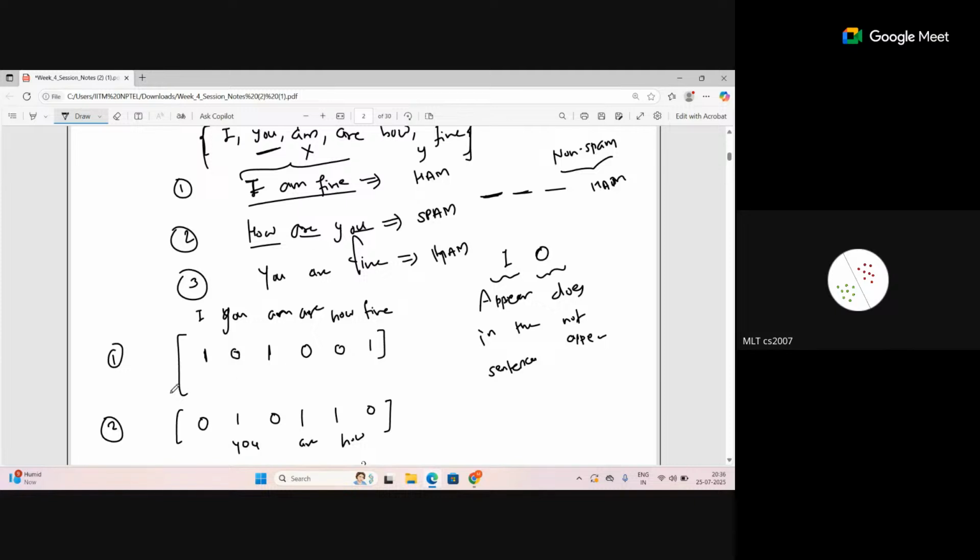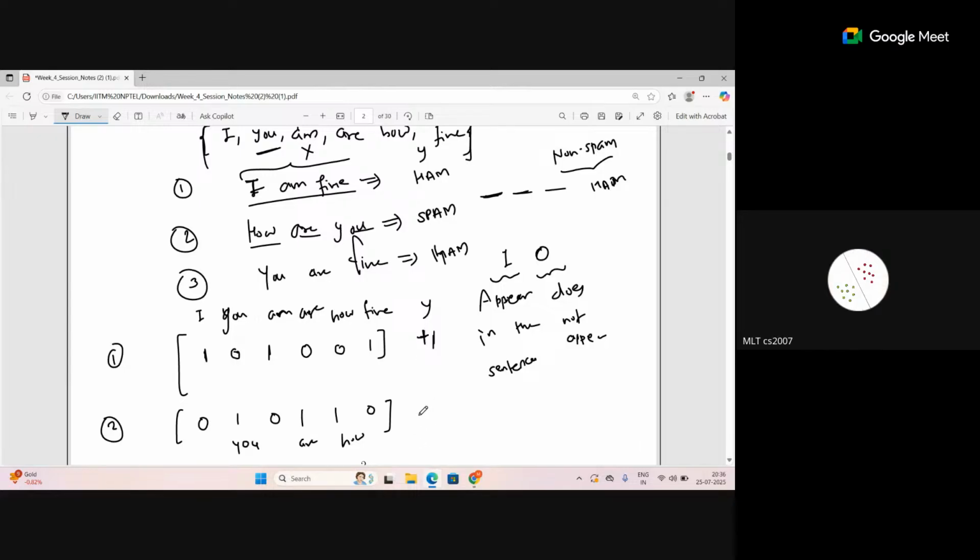So what is the corresponding data point for this sentence? The first data point has three features, right? Don't worry about the features right now. Let's say three words for simple understanding, and then we'll convert that into features later. What about the second?